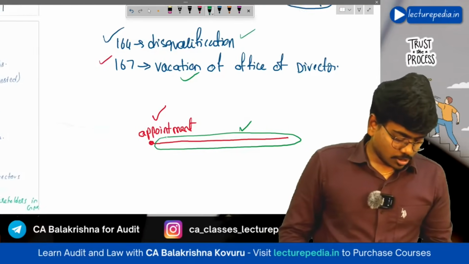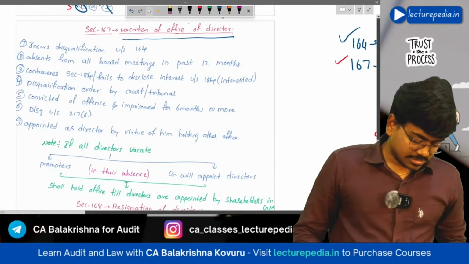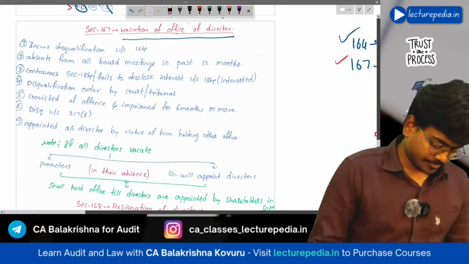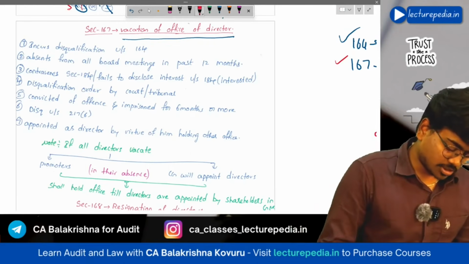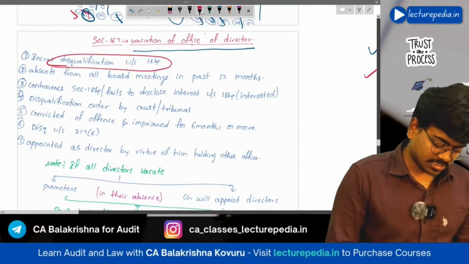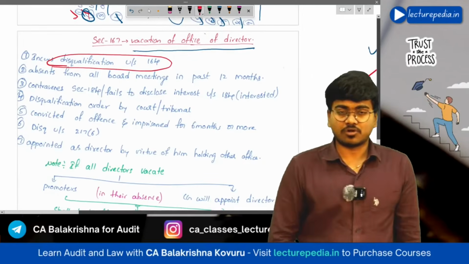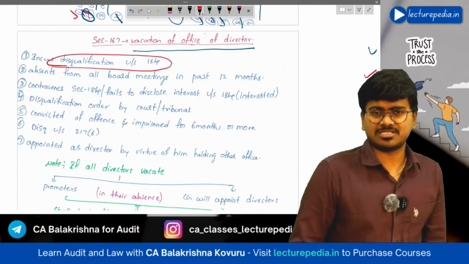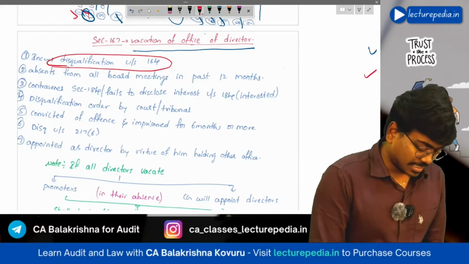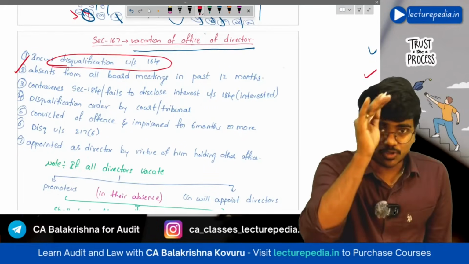Now we'll see the various situations in which a director has to vacate his office. The first point, as I have already told you, is if he gets hit by disqualifications under section 164, he has to vacate his office. Next, even this point I have told you already.